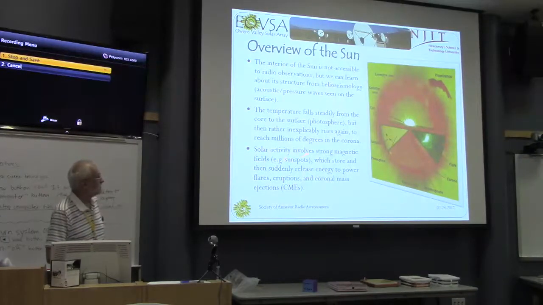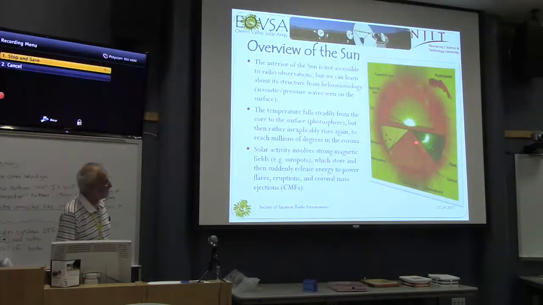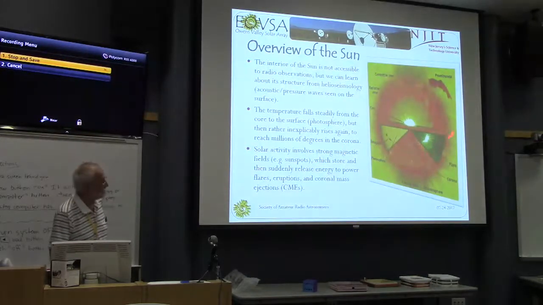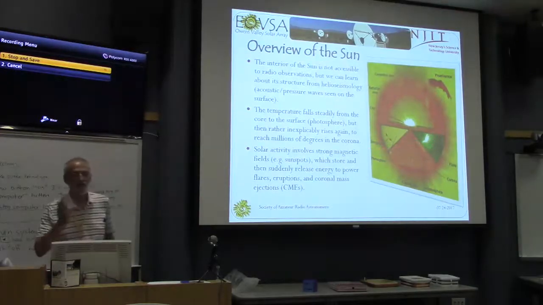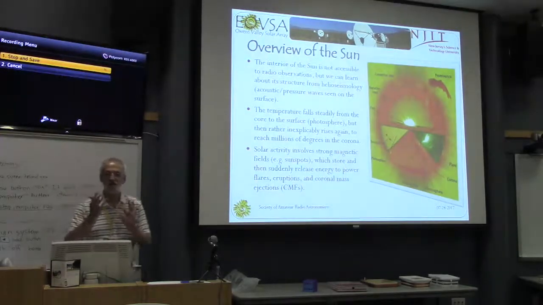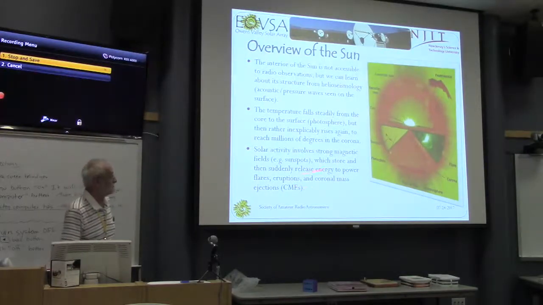Solar activity involves these strong magnetic fields concentrated in sunspots, and those are storing magnetic energy. You can see them as loops in the corona, so they're guiding the charged particles, the hot charged particles in the corona. But these magnetic fields are storing energy, and they twist and get more complicated, and then they will be the site of sudden release of energy.